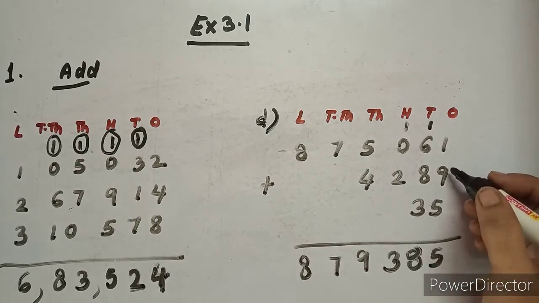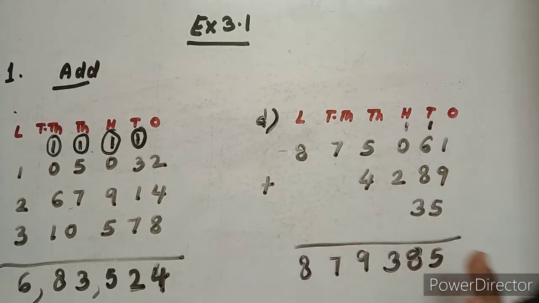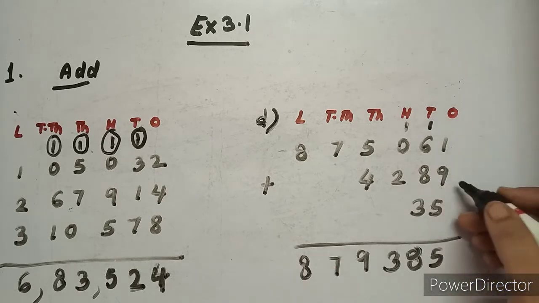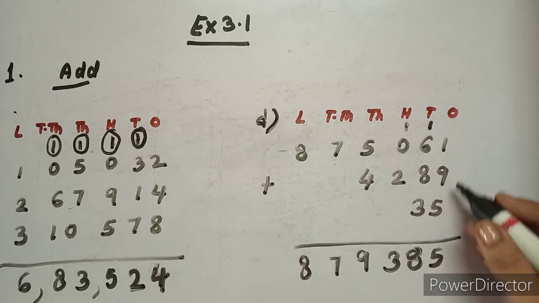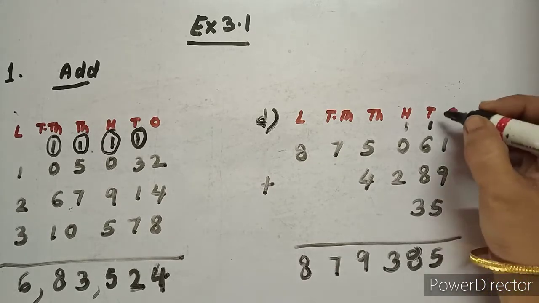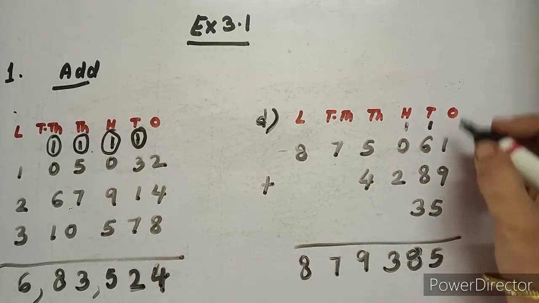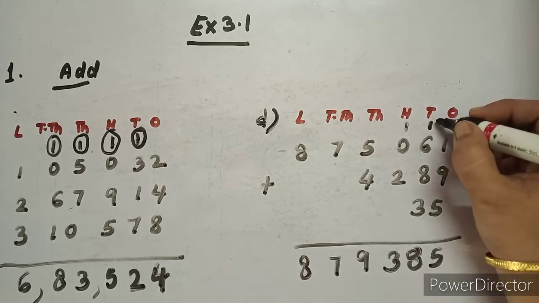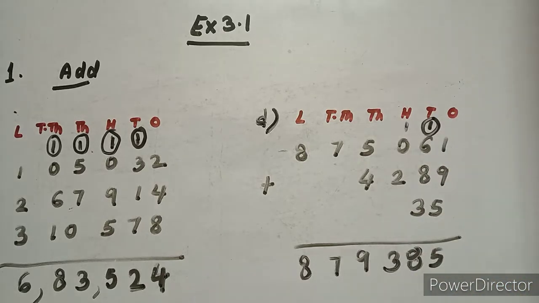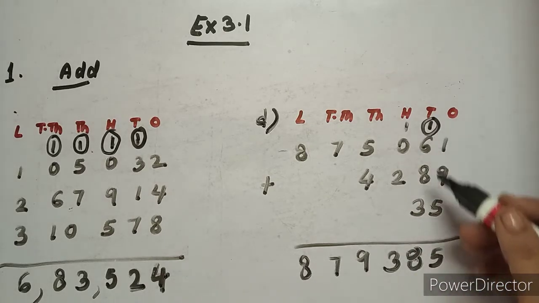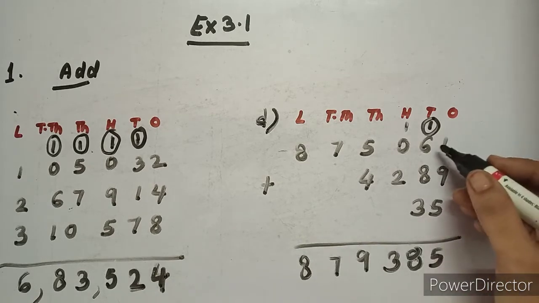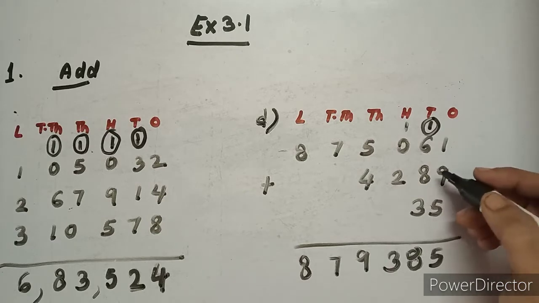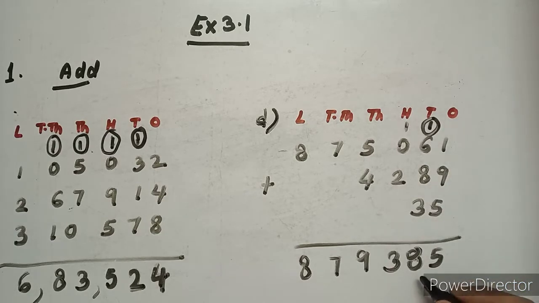So here also you can see I have arranged the 3 numbers, and you can see in the ones position you have 9 plus 1 is 10, 10 plus 5 is 15. Okay, so put your 5 in your ones place and 1 as your carryover, and then go for the tens places addition, that is 6 plus 1 is 7, 7 plus 8 is 15, 15 plus 3 is 18.